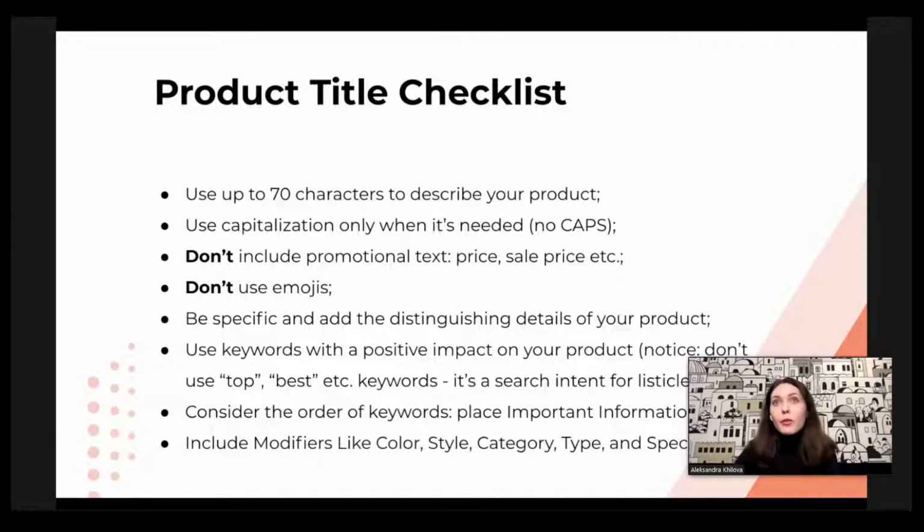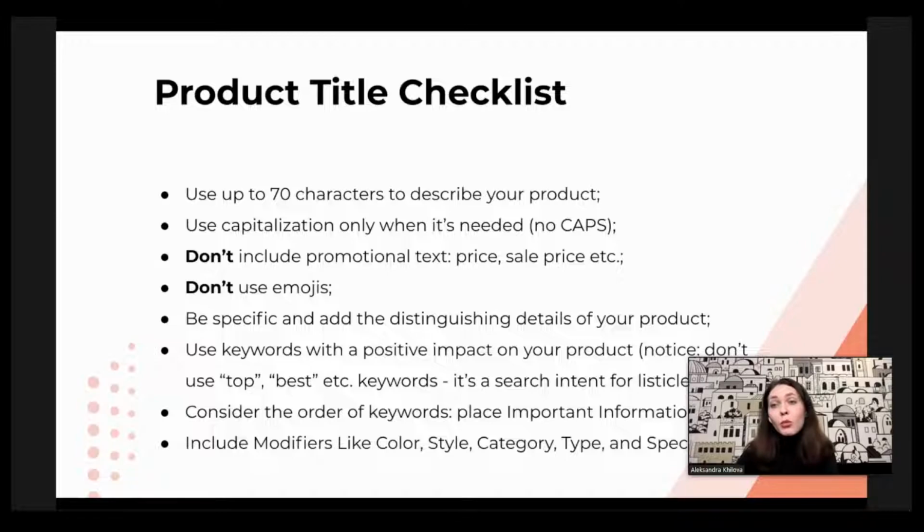And the most common mistake which most graphic designers make is when they use words like best, top in their product titles. It's a big mistake because the words like top and best show listicles, and these words are made for listicles, ratings, and any kind of big reviews.